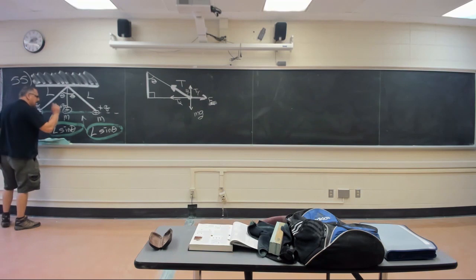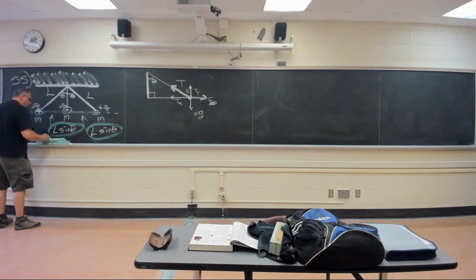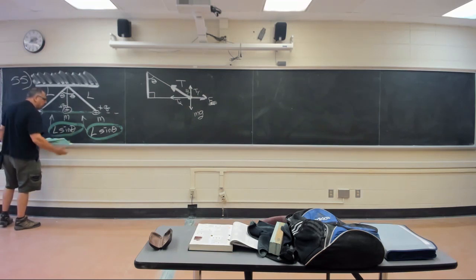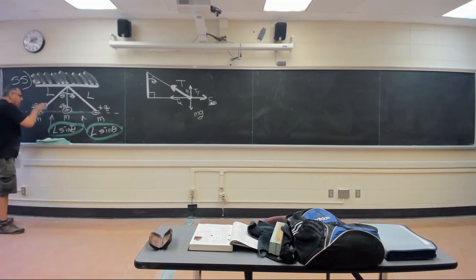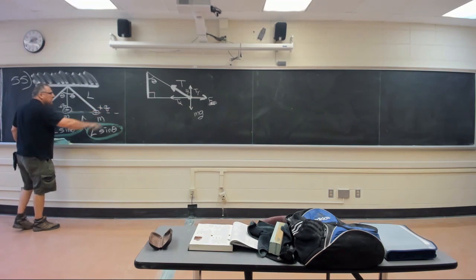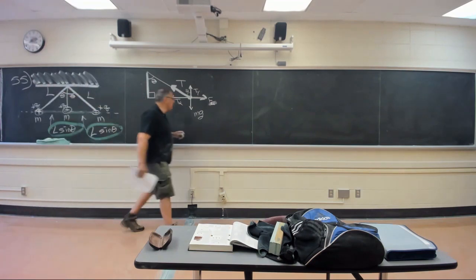It's going to be kQQ again over r far away squared, which is L sine theta plus L sine theta, 2L sine theta. It's the quantity 2L sine theta squared. Both of those contribute to the FE right here.